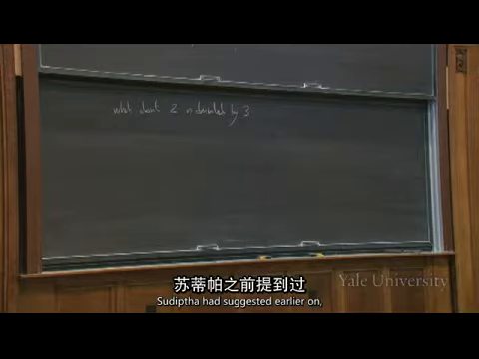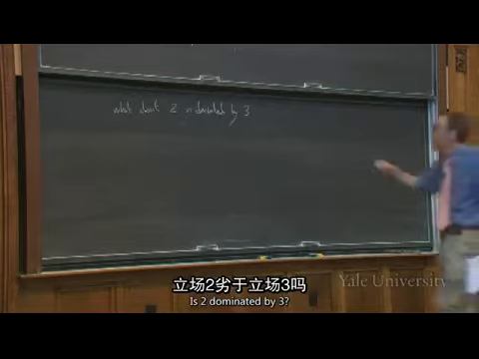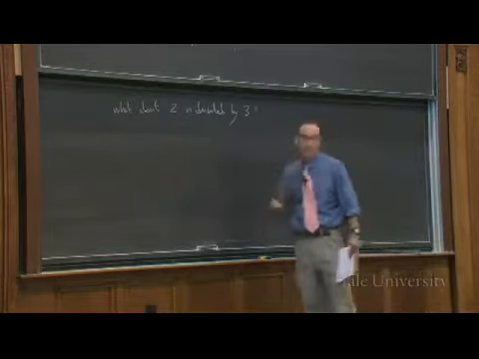Sudipta had suggested earlier on you want to be close to 5, so 3 is closer to 5 than 2. Is 2 dominated by 3?